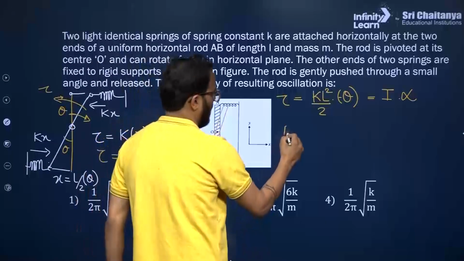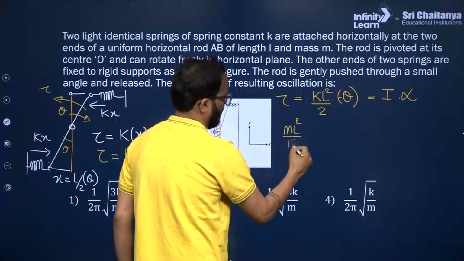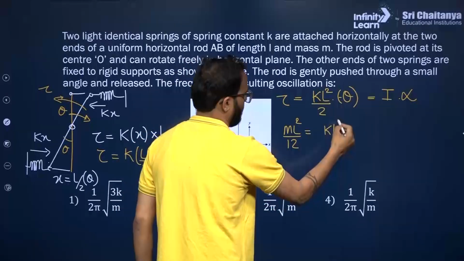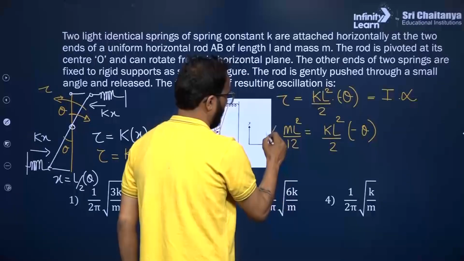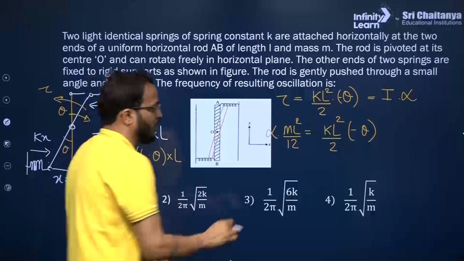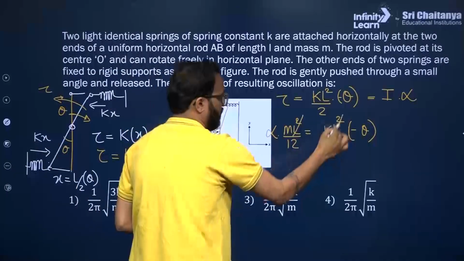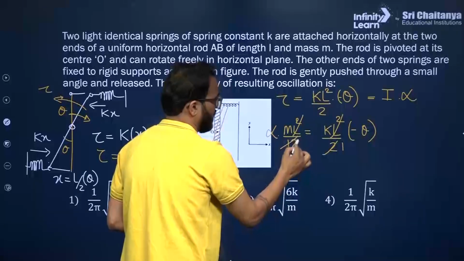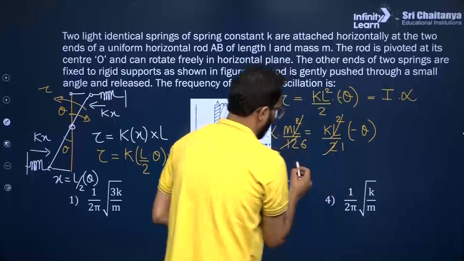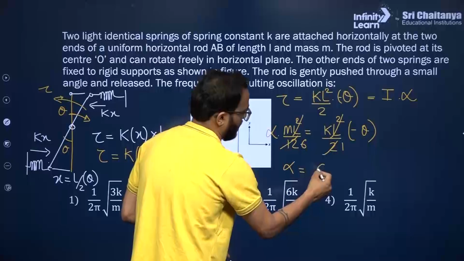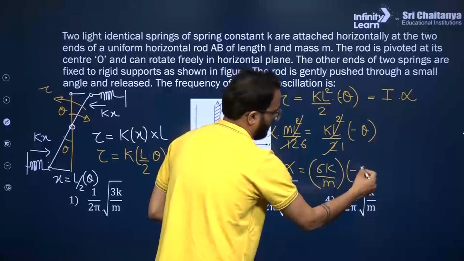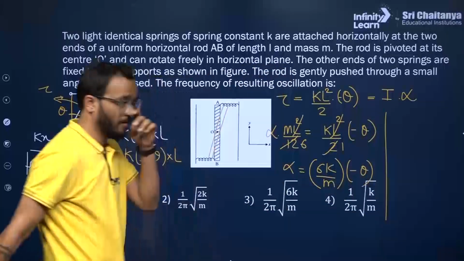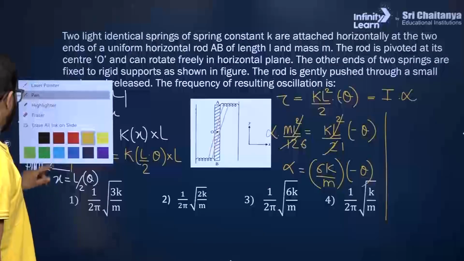So you will say ML square by 12 is equals to KL square by 2 into minus theta into alpha, right? So L square cancels, 1 by 6. So what is alpha coming out? It is 6k by m times minus theta. Got it? So that is omega square.